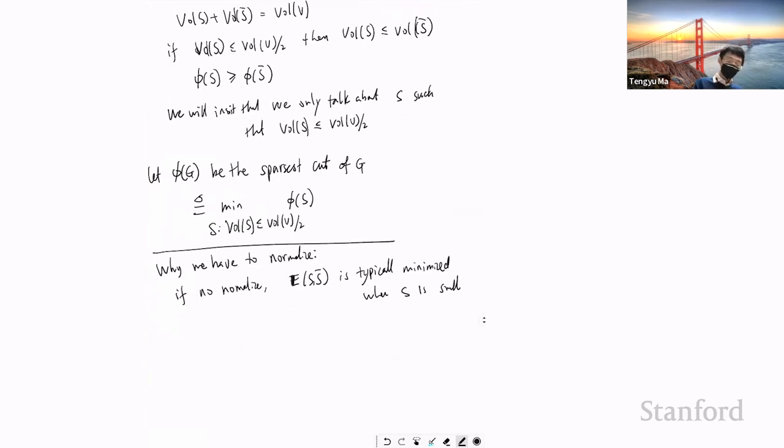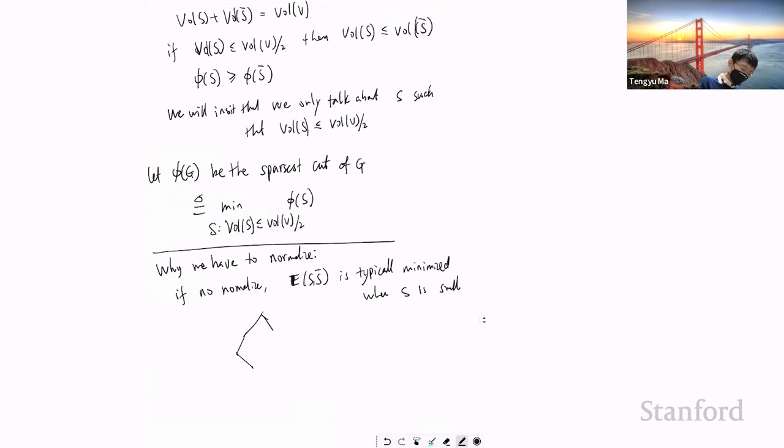So suppose you draw a graph, for example. If you don't normalize, basically you prefer to pick a set S that is itself very small, so that it doesn't connect to the other part.